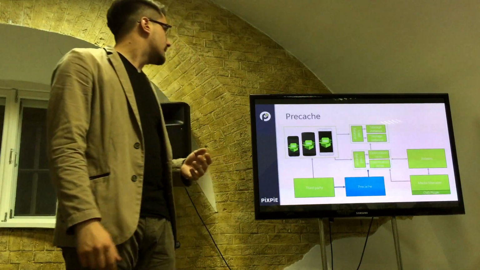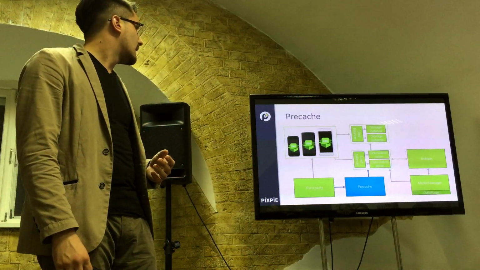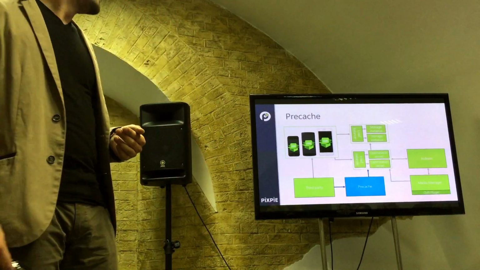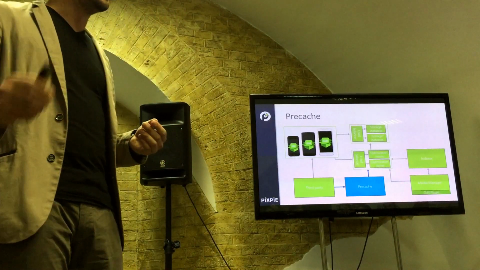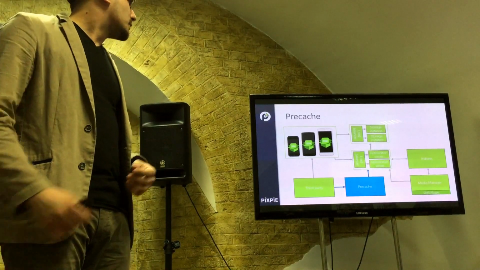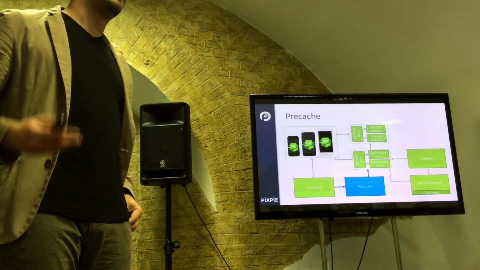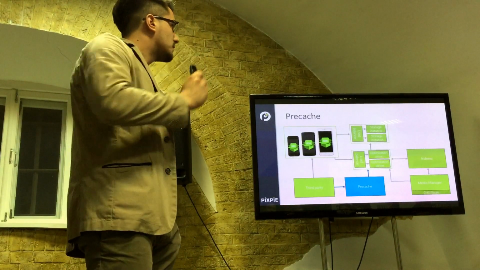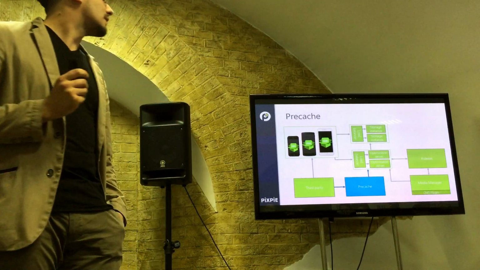So the next, and this is I think the last technical slide, and I'm happy, and I think you too. Precache. For example, you have a newsfeed where you parse some image and store it to your storage instance.